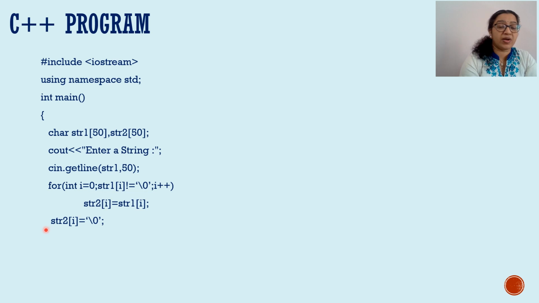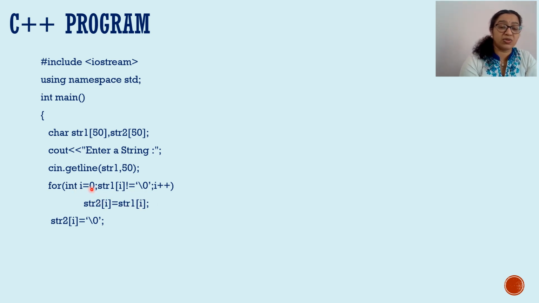So see the point, the statement str2 of I, meaning the last position, is equal to \0. So we are assigning that character. Now the string is complete. Understood now? Here the for loop is copying all the letters from str1 to str2.